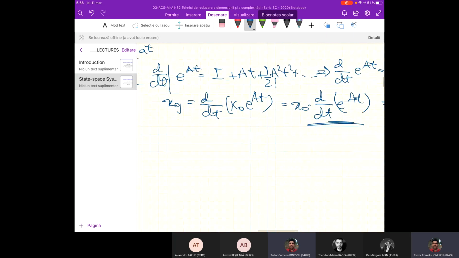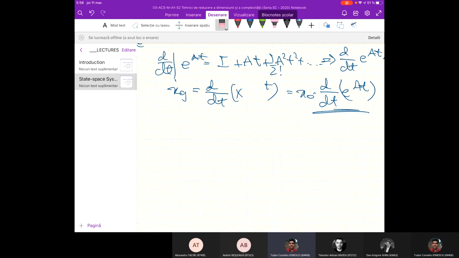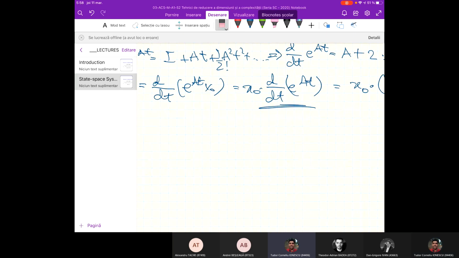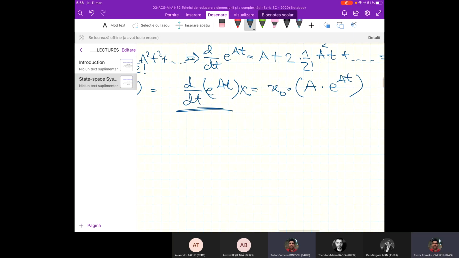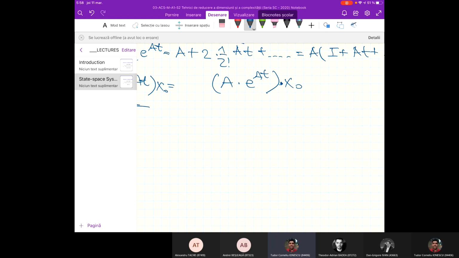Oh, but this is wrong, because you cannot write this here. Sorry, the multiplication is not correct. This is a matrix, so it is e to the power At times x0. We have to be careful when we talk about matrices, because the order of multiplication is important. So x0 is to the right of this.